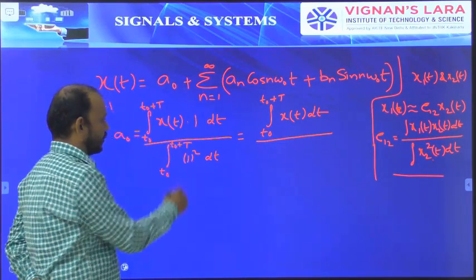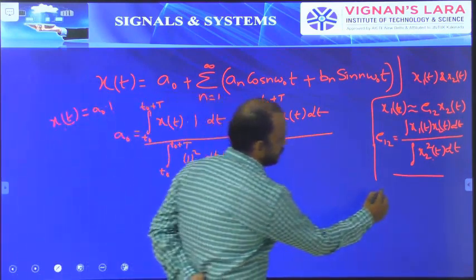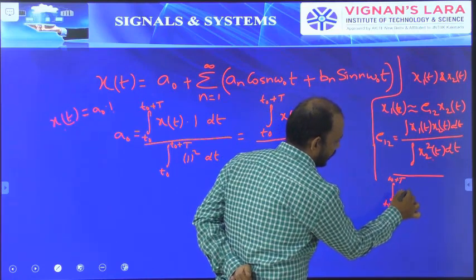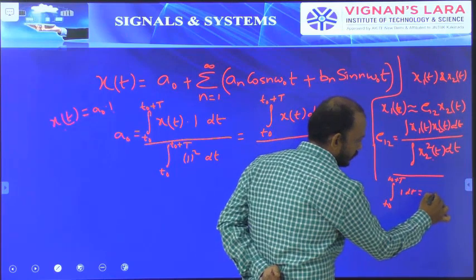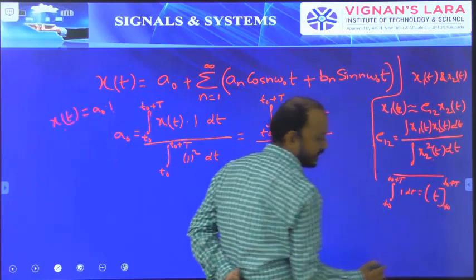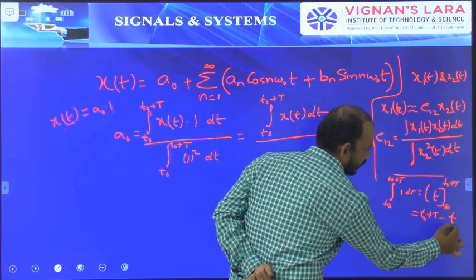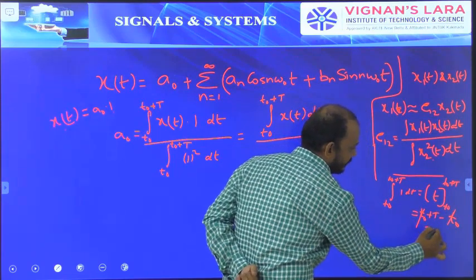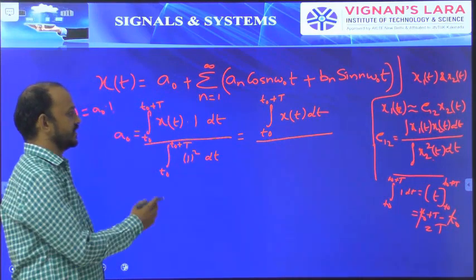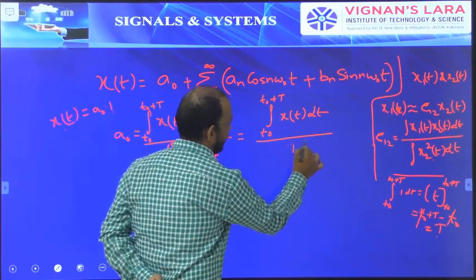So integral t0 to t0 plus T 1 dt will be equal to t with limits t0 to t0 plus capital T. First substitute: t0 plus capital T minus t0, t0 minus t0 get cancelled. That will be equal to capital T. So the integration t0 to t0 plus capital T 1 square dt will be equal to T.